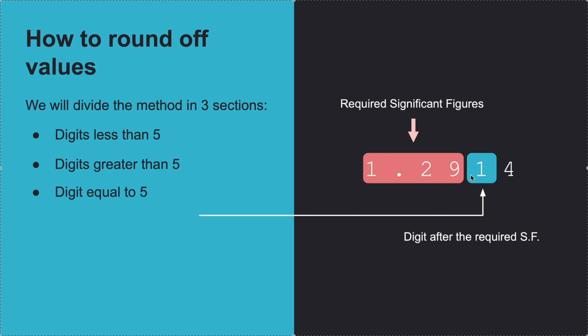Moving on, the digit number one is boxed in blue color, which is simply the digit that comes right after the required significant figures.